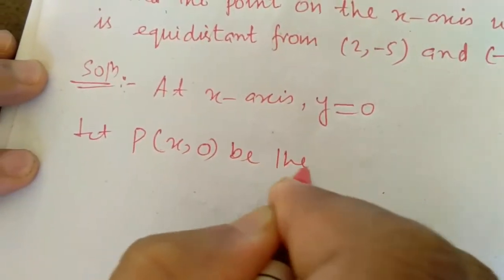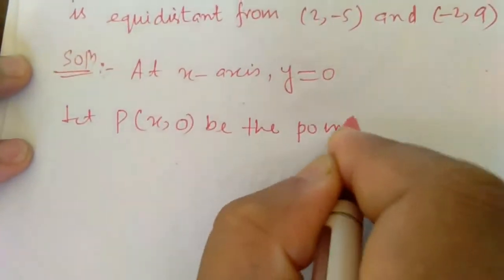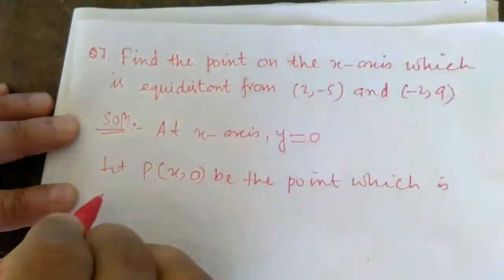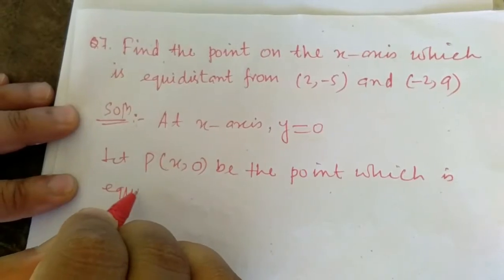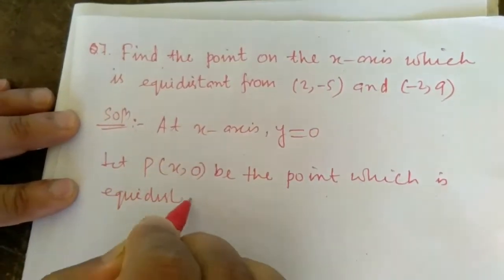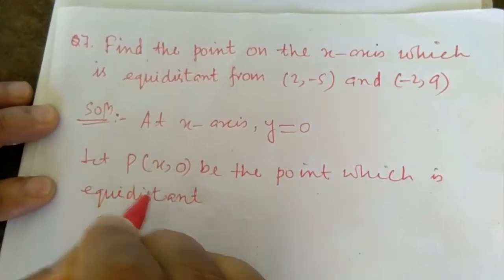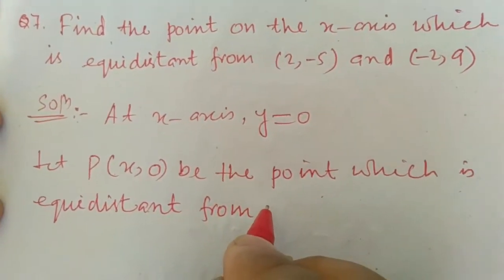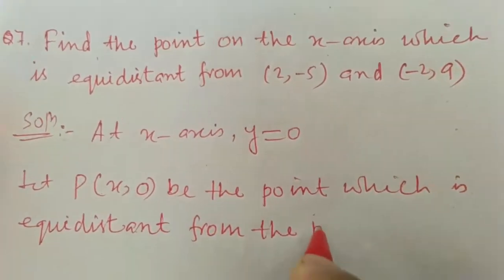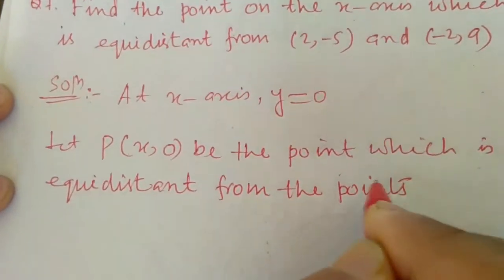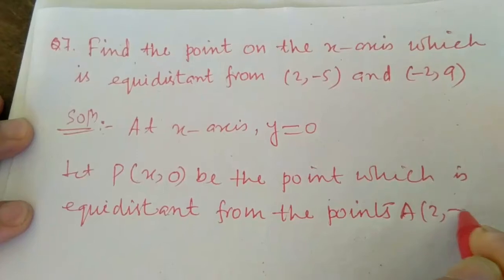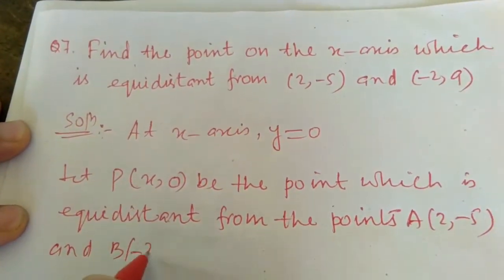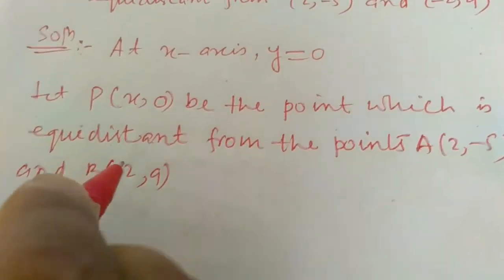Let P be the point which is equidistant from the points A 2, -5 and B -2, 9.